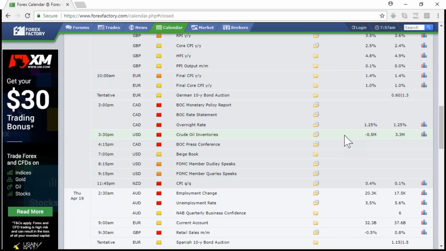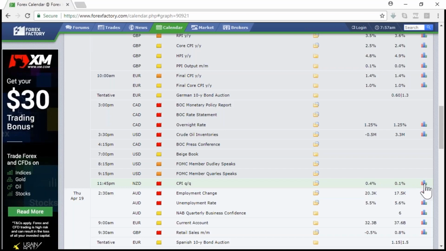So we also have the Bank of Canada press conference at 4:15, just to finish off the end of the day. Certainly, if we happen to be in any New Zealand dollar related trade, we have a CPI quarterly figure, and it's due to be a 0.4 figure, which is a slightly positive figure.